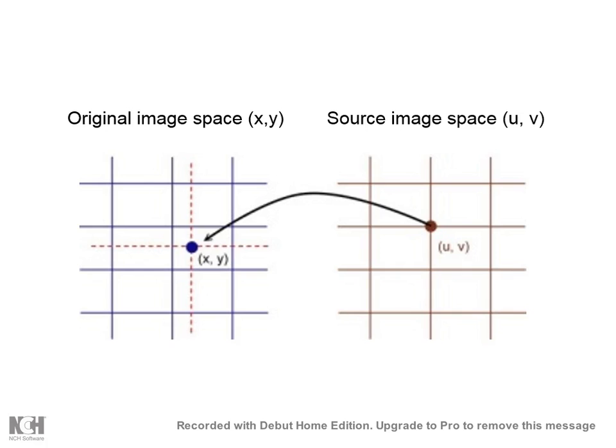But for this point, there are 4 pixels. This point is inside the 4 pixels. So how do we determine the color at this position? If you know the color at the position, you can assign it here to show on the screen.